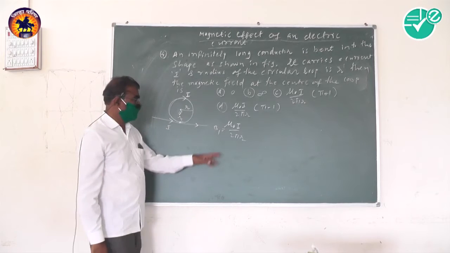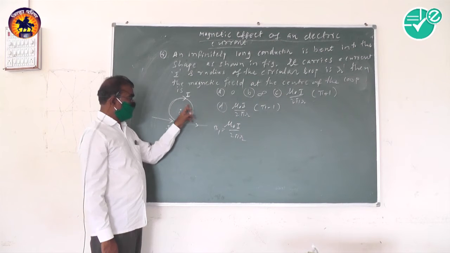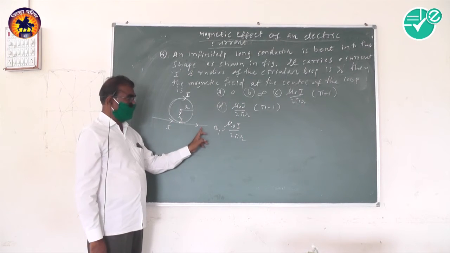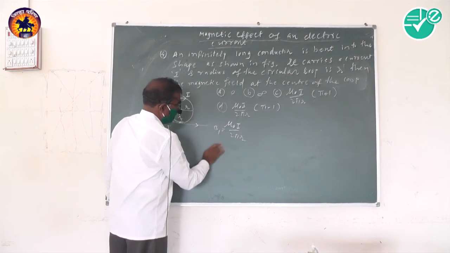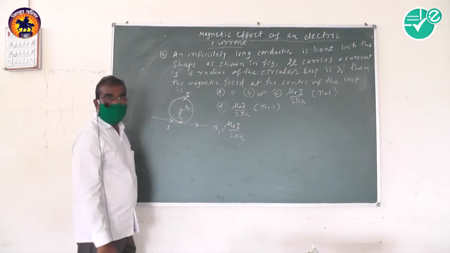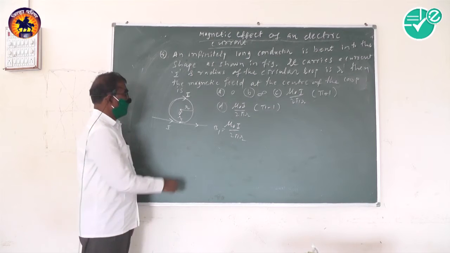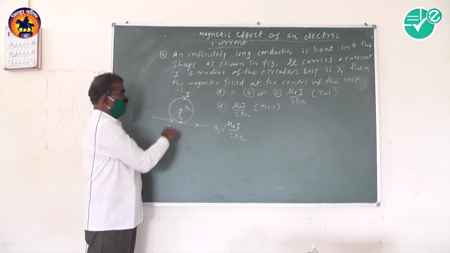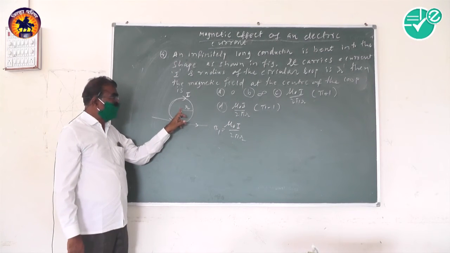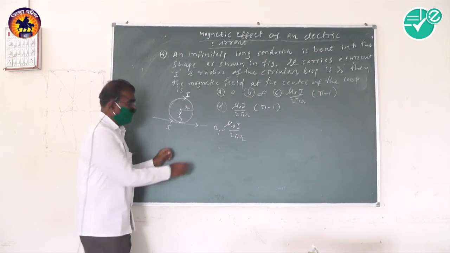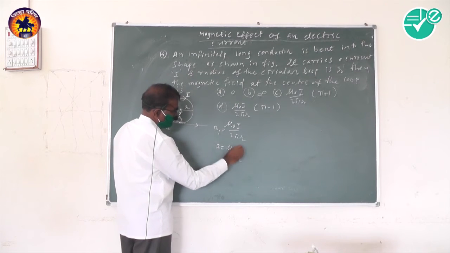B1 is the magnetic induction at the center of the circular loop at a distance r due to the straight conductor carrying a current I. When the straight conductor is bent into a circle, the magnetic induction at the center at a distance r is B equal to mu 0 I upon 2r.